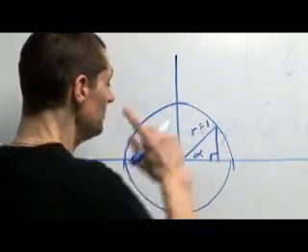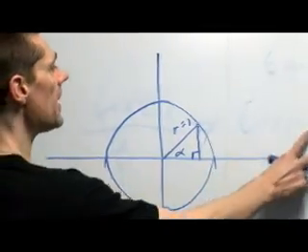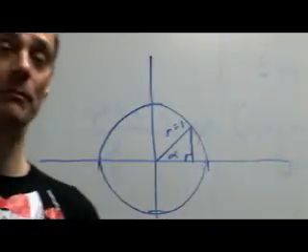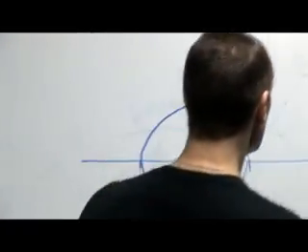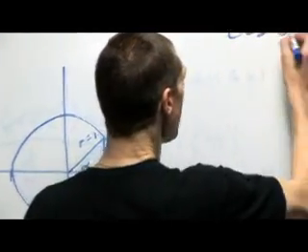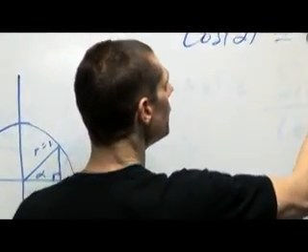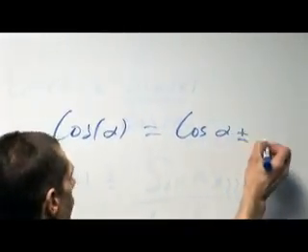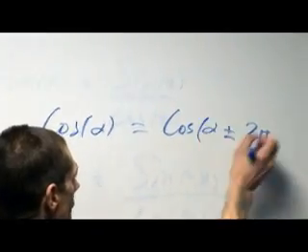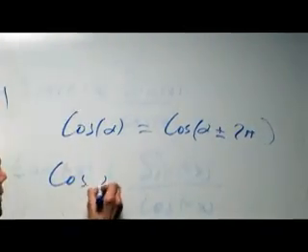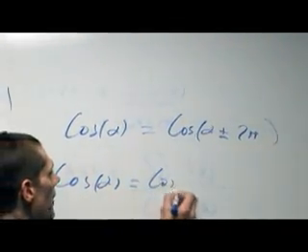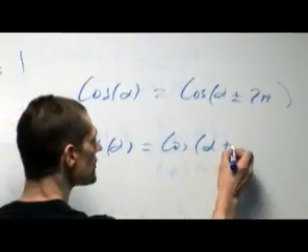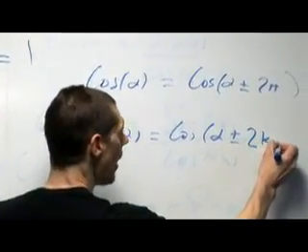This is alpha. Sine and cosine are periodic with period 2 pi. That means that cosine of alpha is exactly equal to cosine of alpha plus or minus 2 pi. It's actually cosine of alpha is equal to cosine of alpha plus or minus 2k pi.